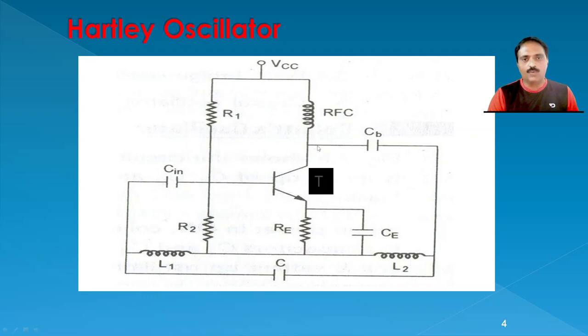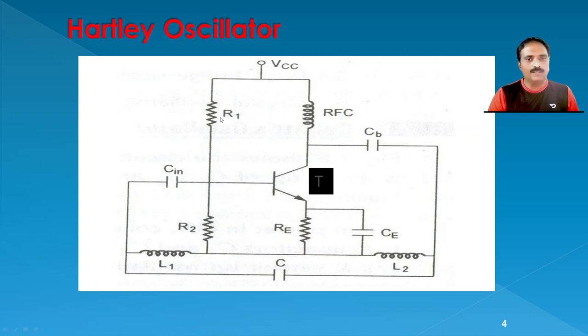Whatever output we get here will be given as the feedback signal, the amplified output, to the input, and this is going to fulfill the losses which occur in this particular tank circuit, thus creating sustained oscillations. It means the oscillations will not die out with respect to time, as the losses of this tank circuit are completely balanced or supplied.